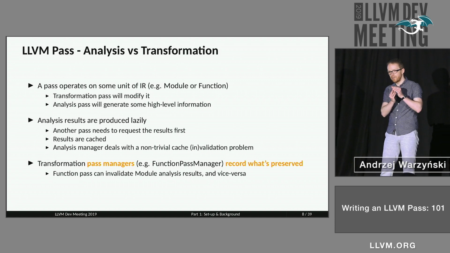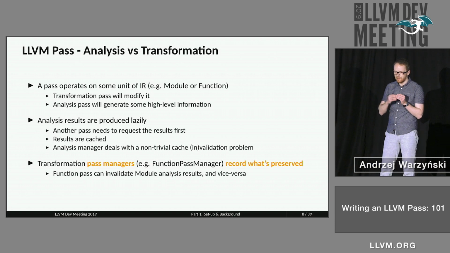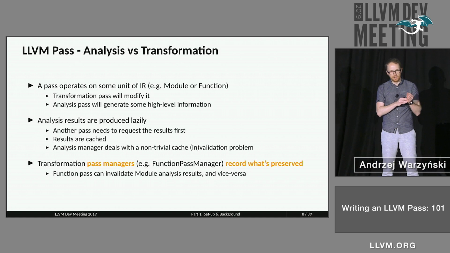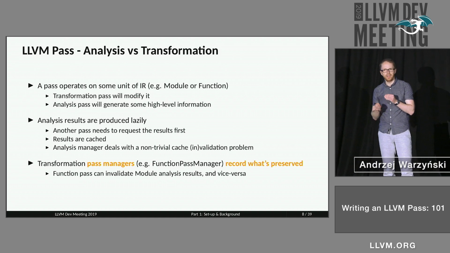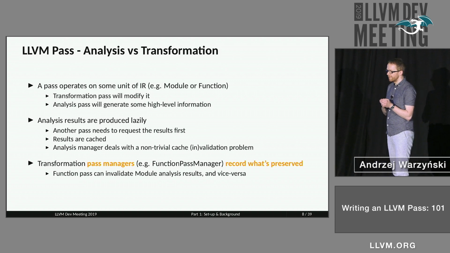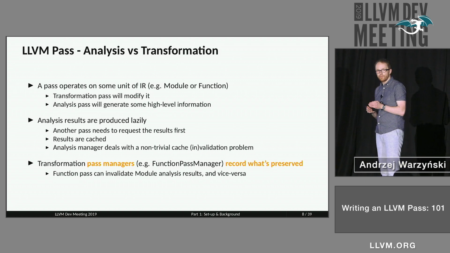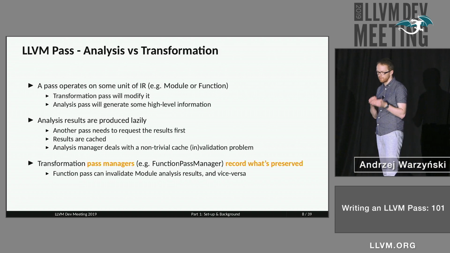So you first have your transformation pass, and it requests some results of some analysis, which means you have to track whether that analysis pass was already run. If it was, the results are cached, so you just get the cached results. So the Pass Manager, which manages all this, has to decide: do I have access to those results, or do I have to generate them from scratch? That means managing analysis passes is harder than it is for transformation passes. The good thing for us is that we're only implementing passes, so we don't have to worry about it today.